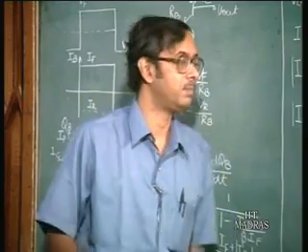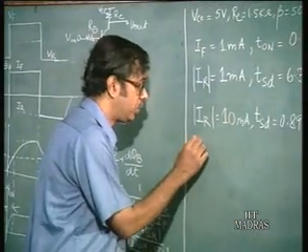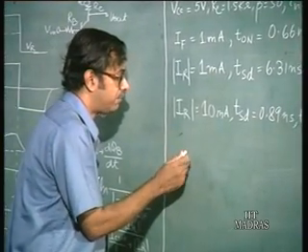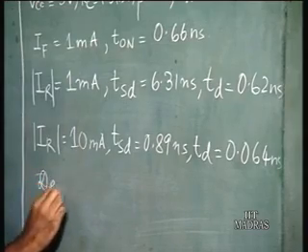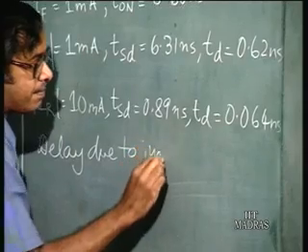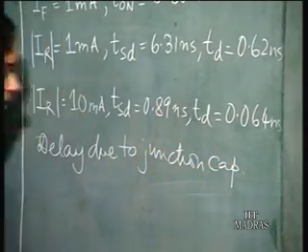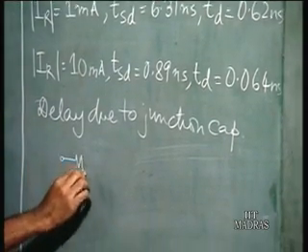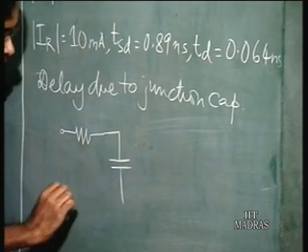For the delay due to junction capacitance, you can look at it as a circuit like this: you have a resistance and you have a capacitance.